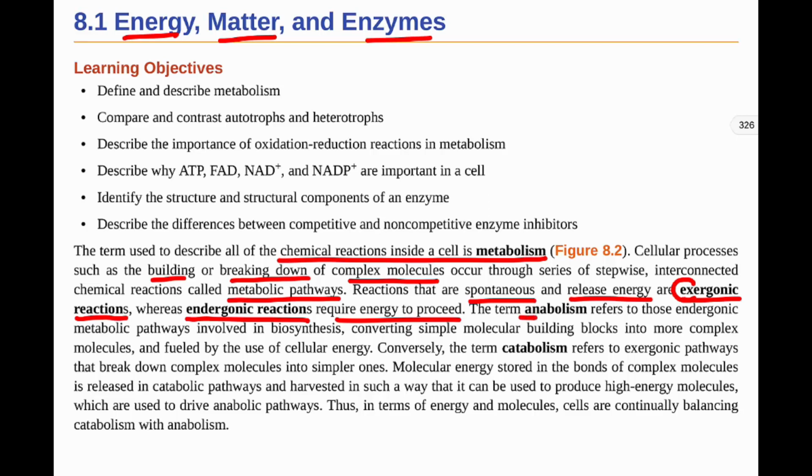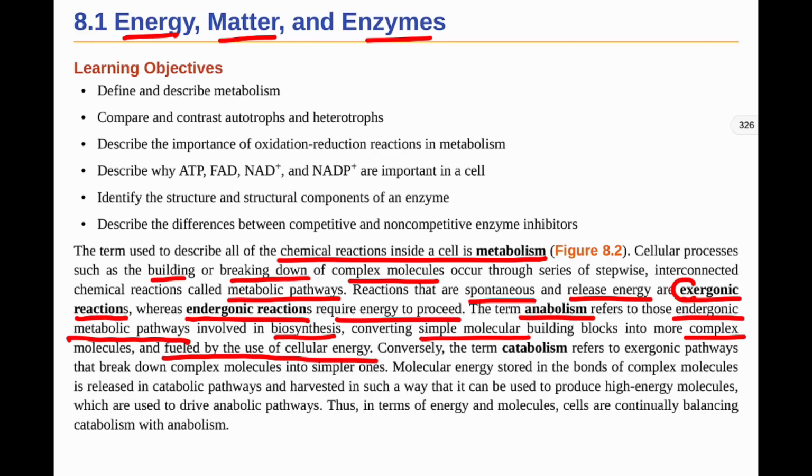The term anabolism is one that should be familiar as well. That refers to endergonic metabolic pathways involved in biosynthesis, where you convert simple molecular pieces into more complex molecules. And this is fueled by the use of cellular energy. So this is a building up.